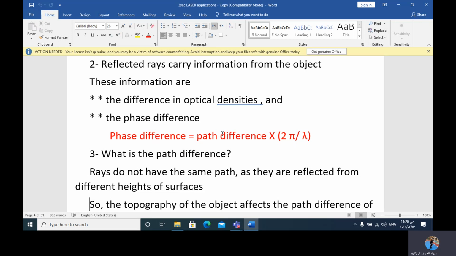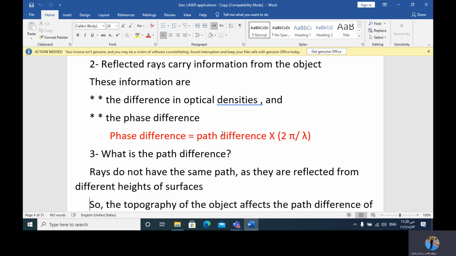So the phase difference equals the path difference, which results from different heights of the surface of the object, multiplied by 2 pi divided by lambda, where lambda is the wavelength of the rays. So here you have lambda, the wavelength, and pi, we know it's a constant.